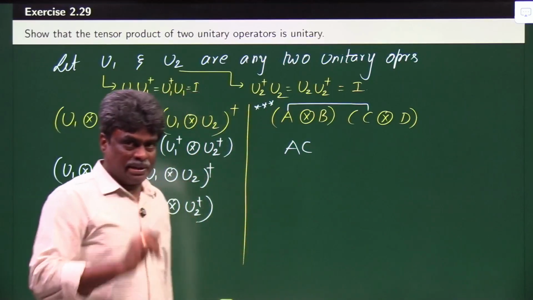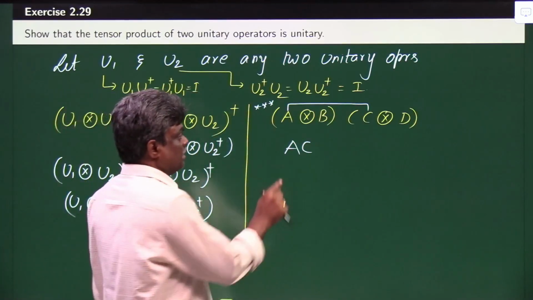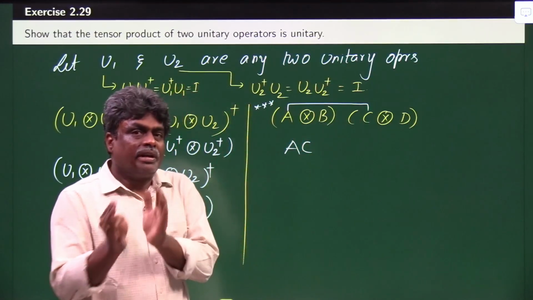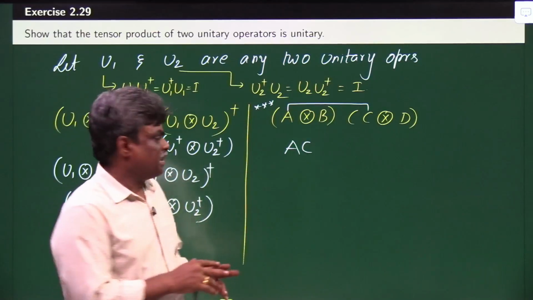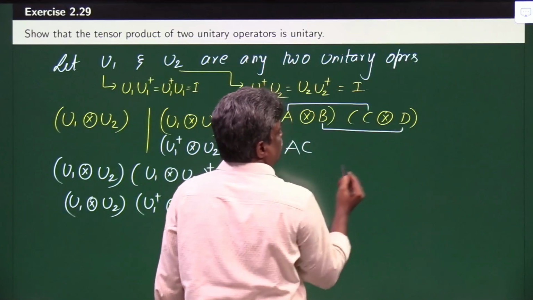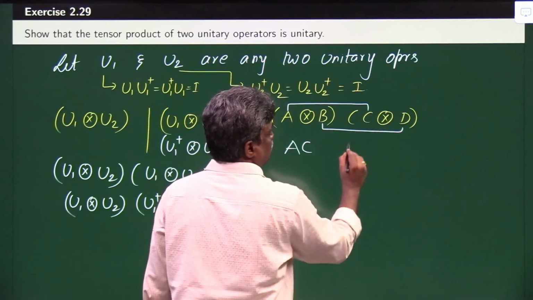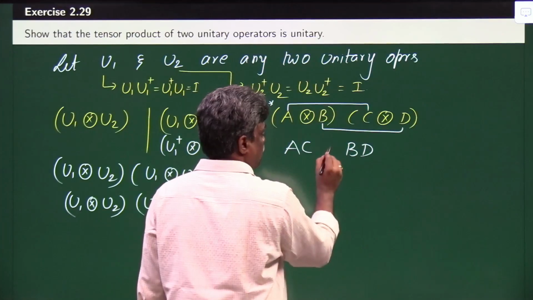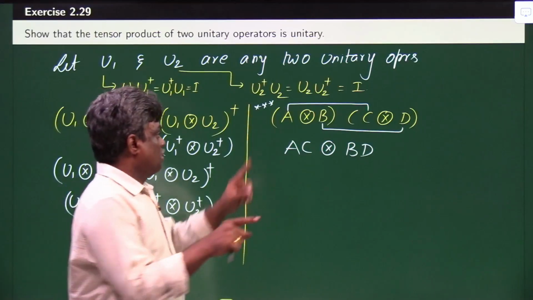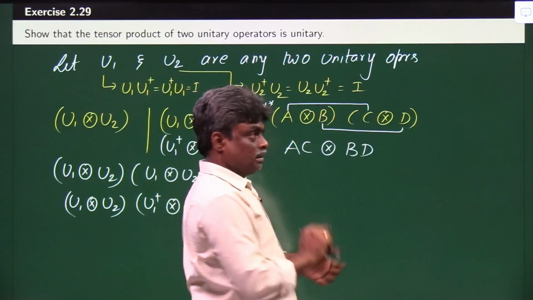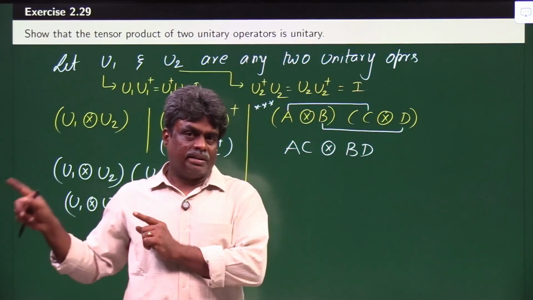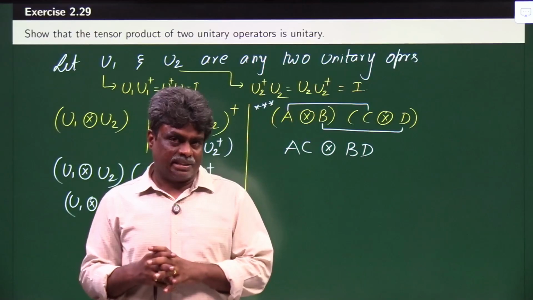This is ordinary multiplication, not a tensor multiplication. If A and C are operators, this is just ordinary multiplication, A C. And take the second terms, B and D, and multiply, and in between put the tensor. So first and first, second and second. If three are there, you have to multiply like that.